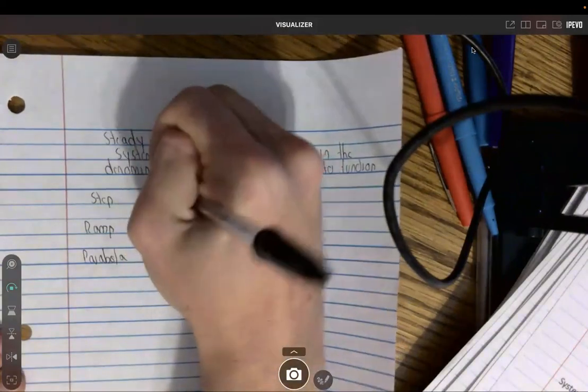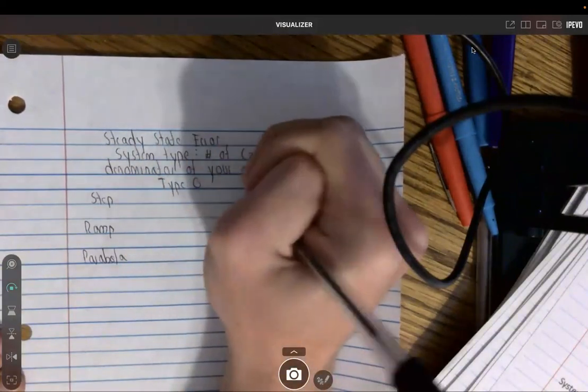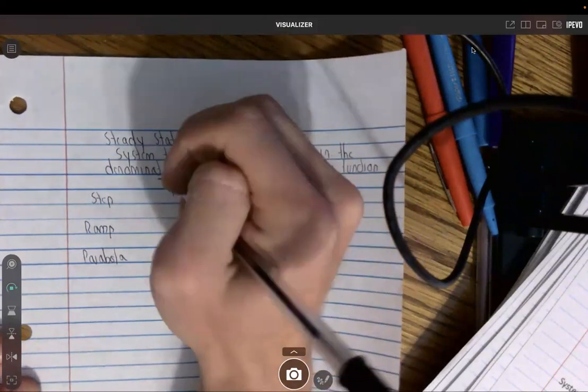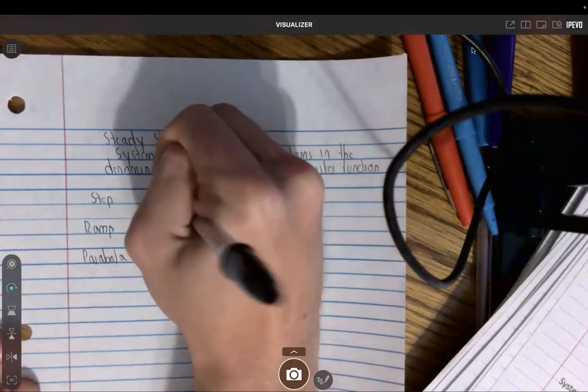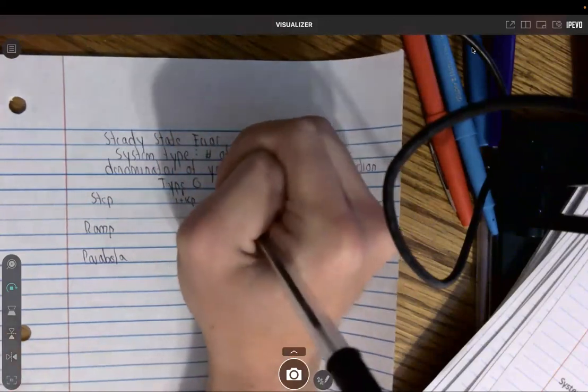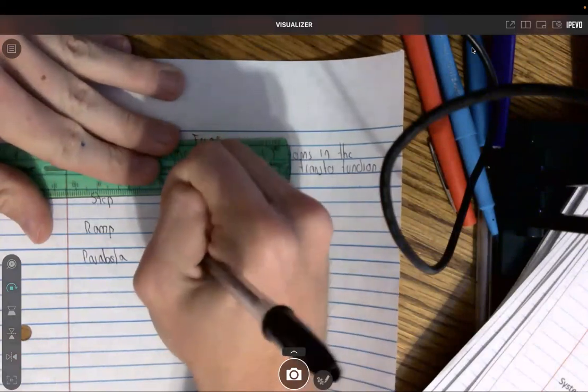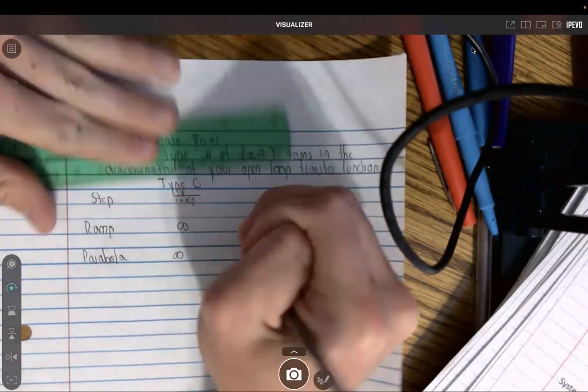If you have no Z minus 1 terms in the denominator of your open loop transfer function, your error for a step input is 1 over 1 plus Kp, where Kp is your position error constant. The error is infinite for a ramp and infinite for a parabola.